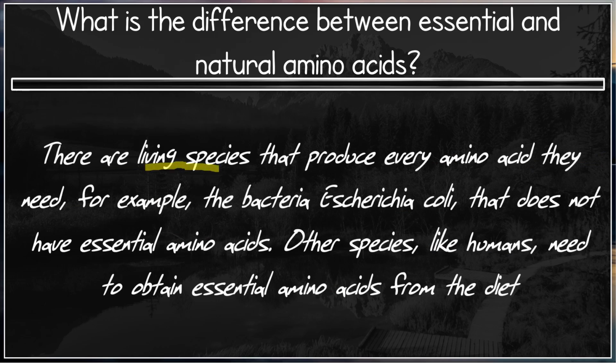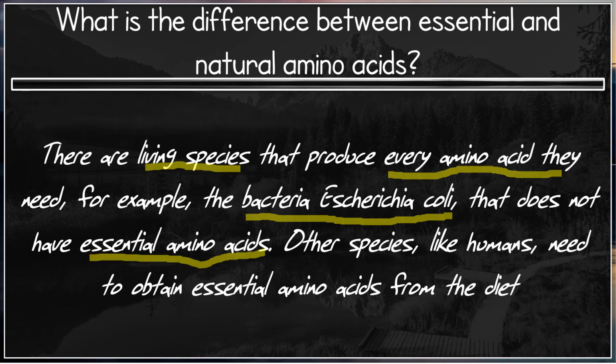Some living species produce every amino acid they need. For example, the bacterium Escherichia coli does not have essential amino acids. Other species, like humans, need to obtain essential amino acids from the diet.